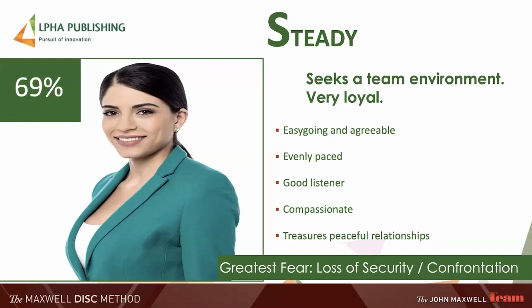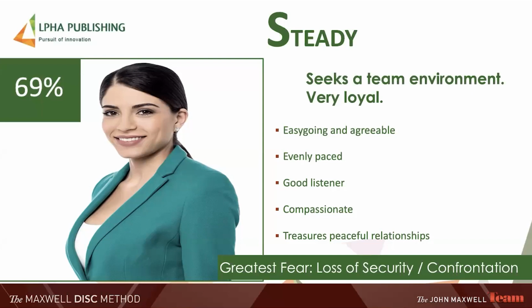They treasure peaceful relationships. Now here's the thing, notice 69% of the population fits this personality, which is good because you want 69% of the population to like to be easygoing and agreeable.